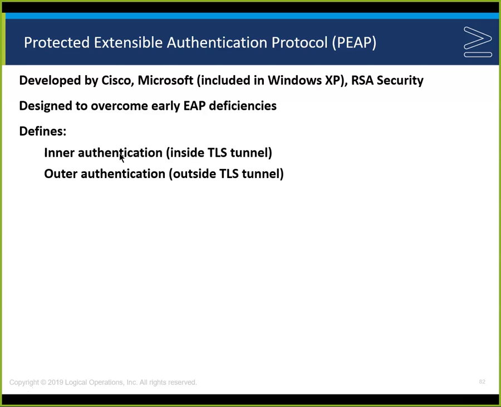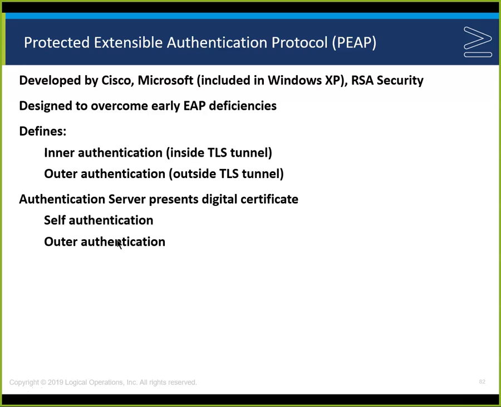We're going to have an inner tunnel and an outer tunnel. This is again one where we create a tunnel and then do the negotiation of the final tunnel within the first tunnel, the inner authentication and the outer authentication. The authentication server presents a digital certificate.